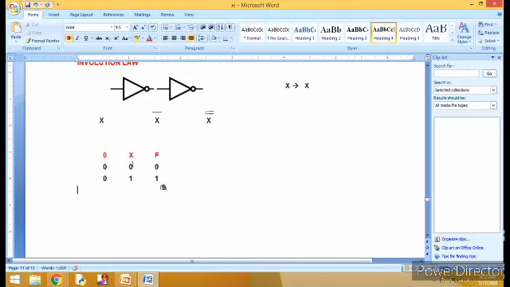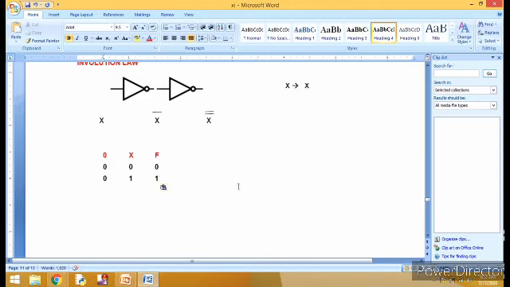Okay? That means if the value of 0 is given to this NOT gate, what are you getting? The same thing as 0. And if the value of x is 1, you are getting what? The value for the output, that is 1.